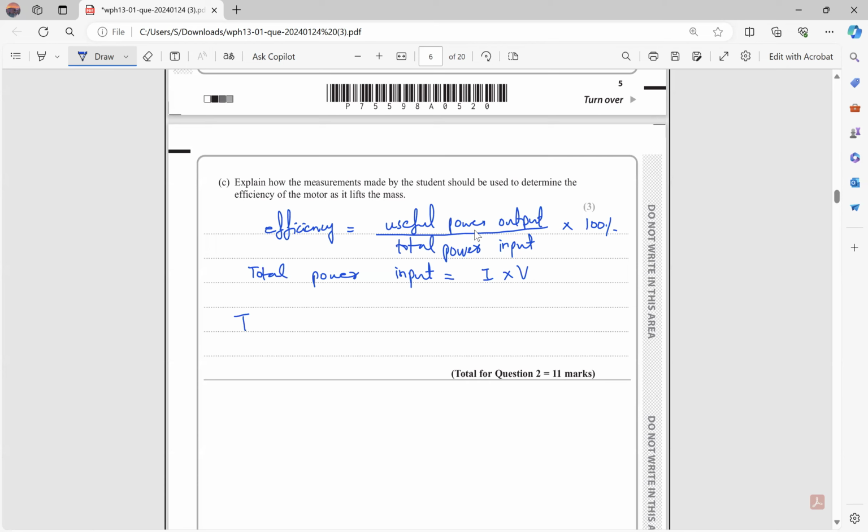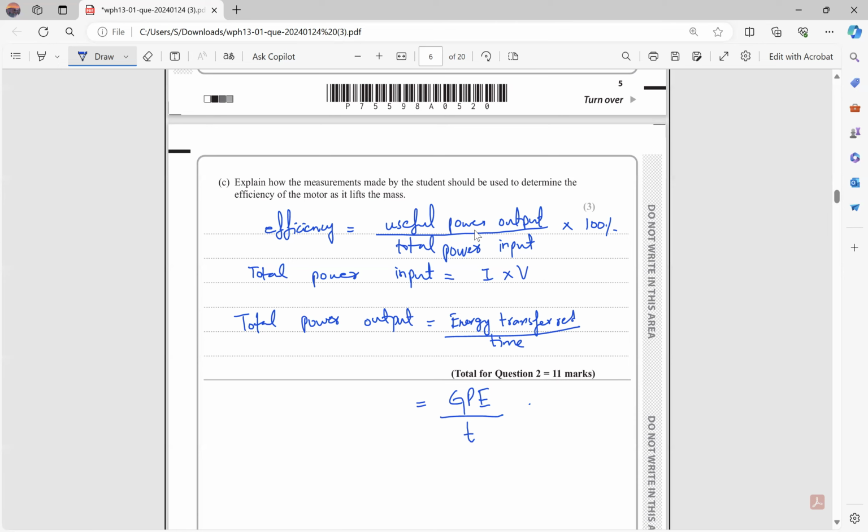And the total power output, we just said that it's giving it gravitational potential energy. Power is work done over time, or energy transferred over time, right? Over here, the energy that's being transferred is GPE, the gravitational potential energy.